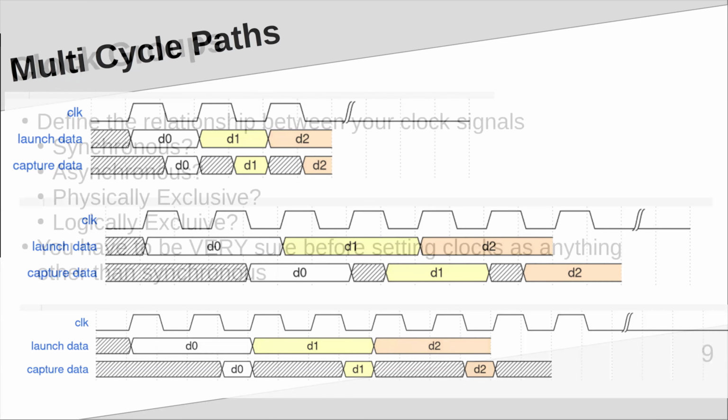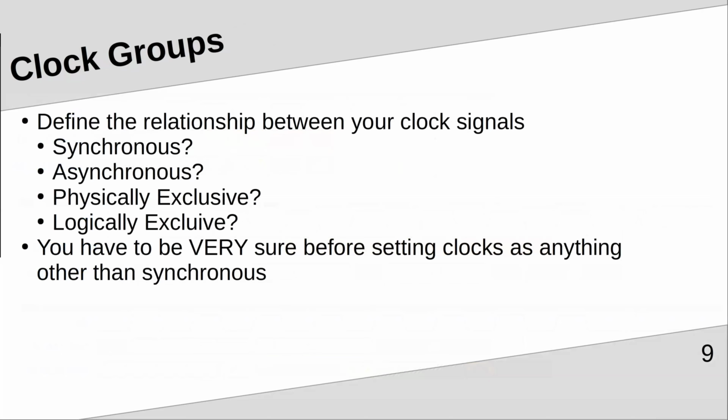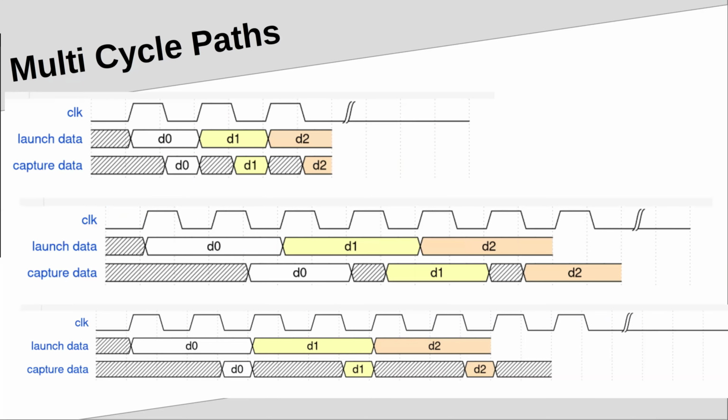I have a quick question about this slide. Yeah, what's up? So the middle one is an MCP where you have moved the setup requirement but not the hold requirement. Correct. And the bottom one is one where you've moved both the setup and hold requirement. Yes. And so the bottom one, you're promising only to capture the data every other cycle or every few cycles.